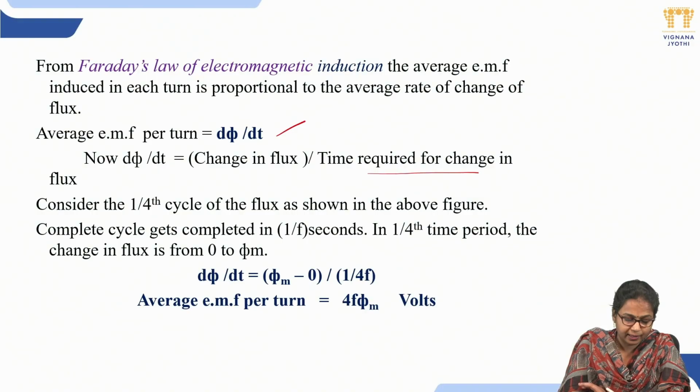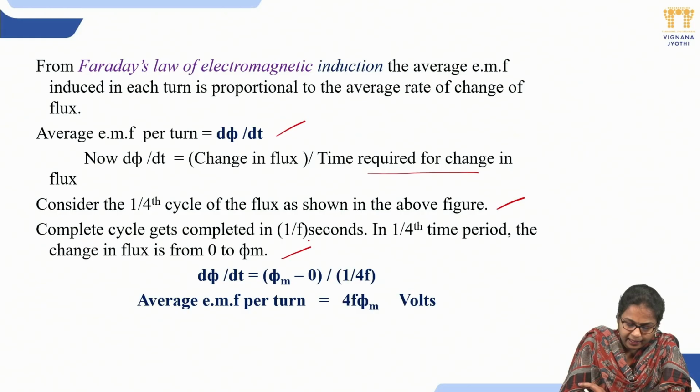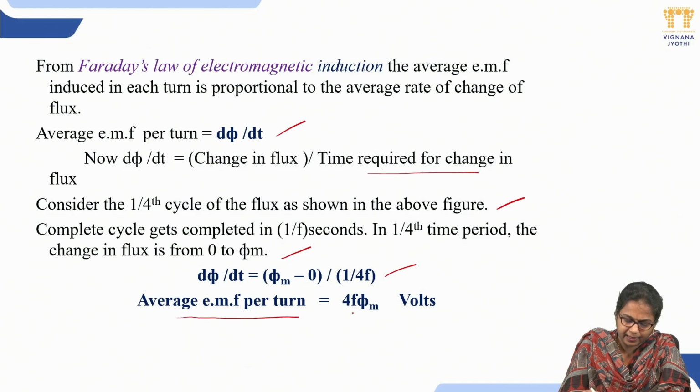Consider a quarter of the cycle: in a quarter time period the flux goes from 0 to its peak phi m, and the time taken is 1/4f. So the average EMF induced per turn is 4 times f times phi m volts.